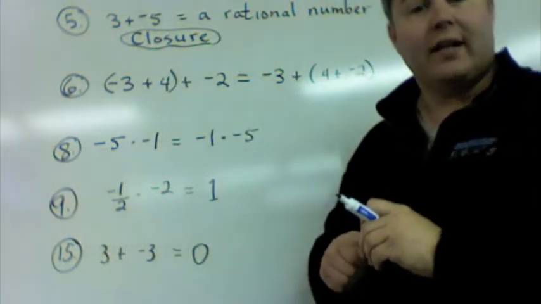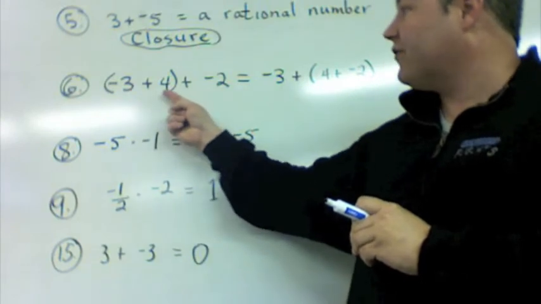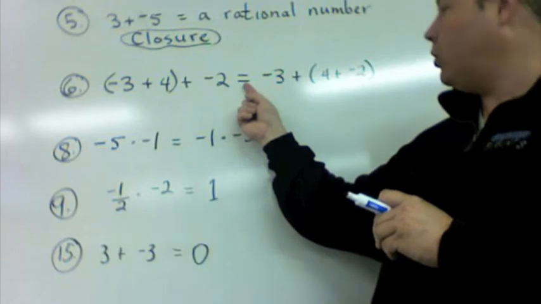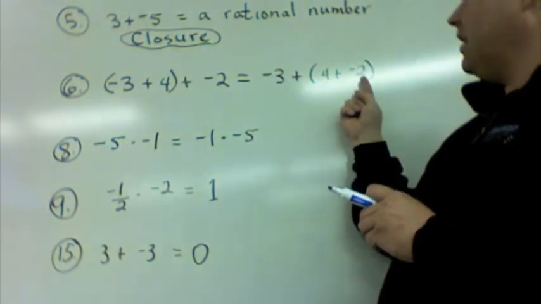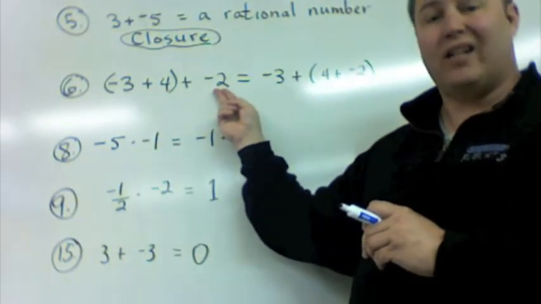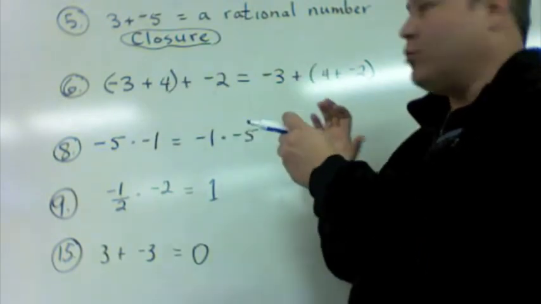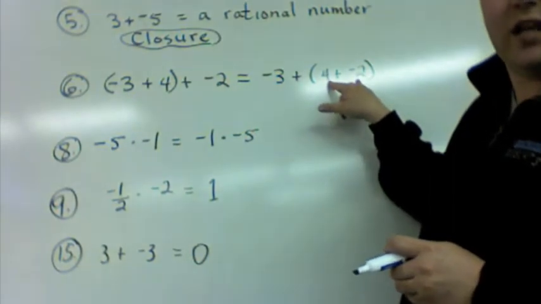All right, now number 6 on your worksheet. In parentheses, -3 plus 4 plus -2 is the same as or is equal to -3 plus parentheses 4 plus -2. I noticed the order of the numbers did not change. What changed from both sides of the equal sign? The parentheses moved. Here it's around the first two things, and here it's around the second two things.